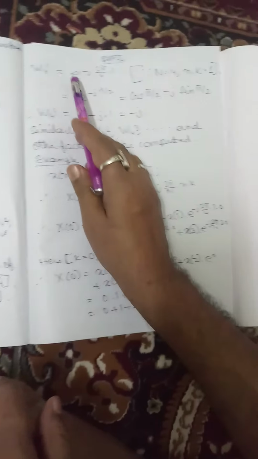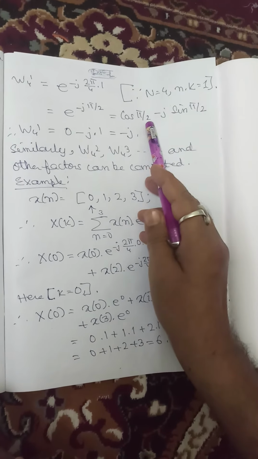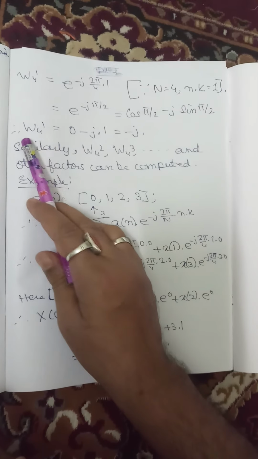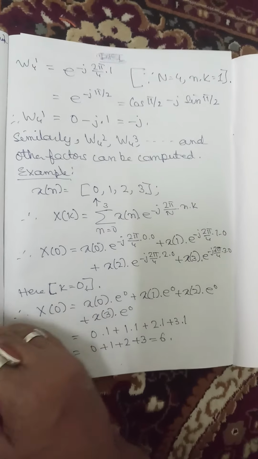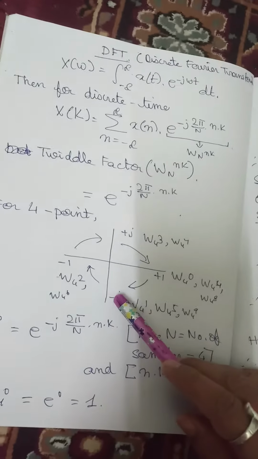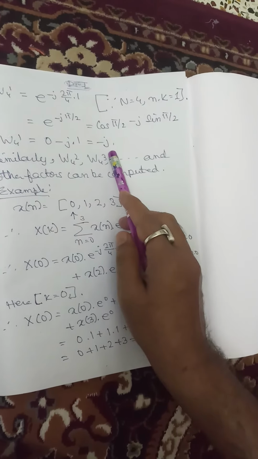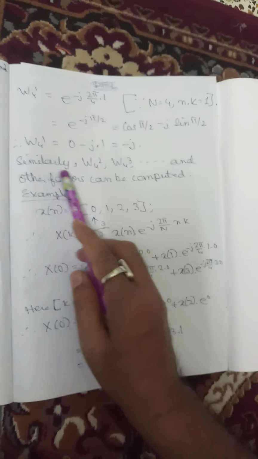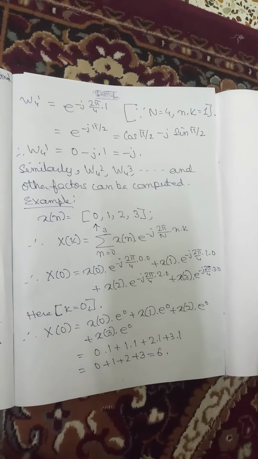For W4^1, e to the power minus j 2 pi by 4 into 1 is e to the power minus j pi by 2, that is cos pi by 2 minus j sin pi by 2. So W4^1 is equal to 0 minus j into 1, that is minus j. You see over here on the previous page, W4^1 is equal to minus j, and here also it is minus j. Similarly, we can compute the other factors W4^2, W4^3.